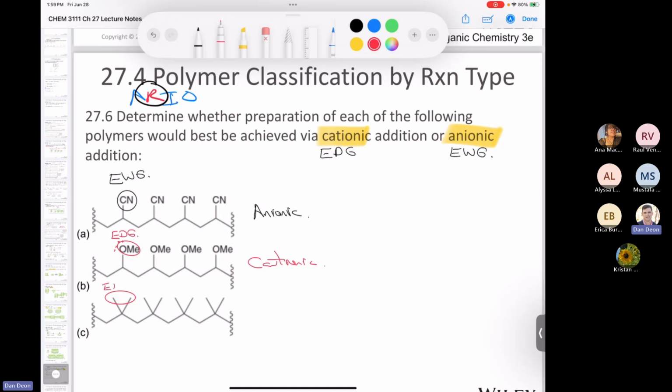They're electron donating via hyperconjugation. All right, and so this compound is going to be best made via cationic addition.